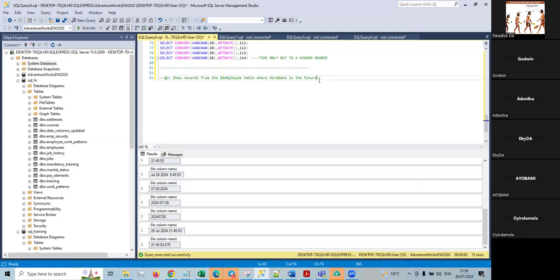How do we go about doing this? So basically, we've looked at the various formats of date, and everything. So this is just a practice question. Anybody to help us?